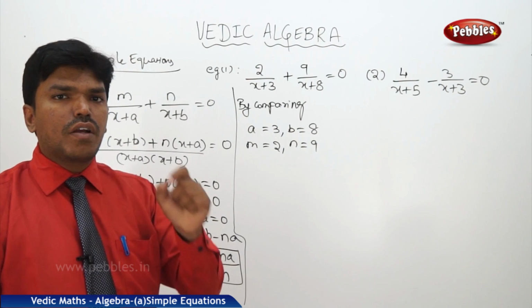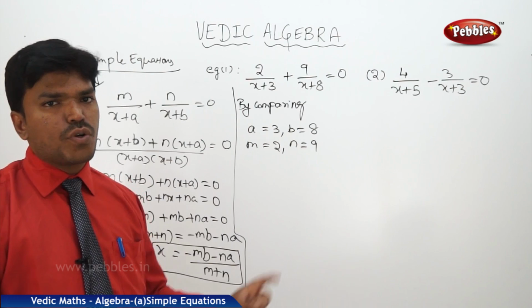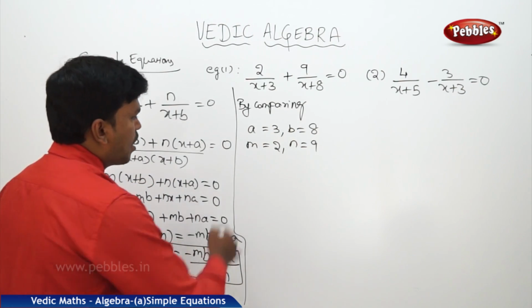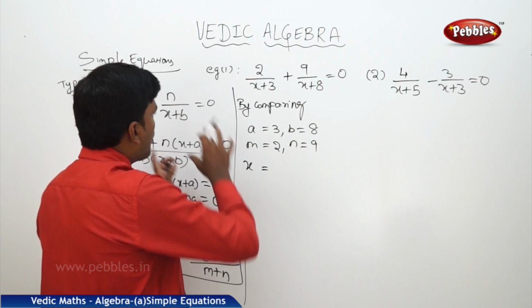So you simply go for the final solution, that is x. How will you get x? Don't do any simplifications. We already derived the solution of x. You just remember this one, the solution of the form m by x plus a plus n by x plus b.